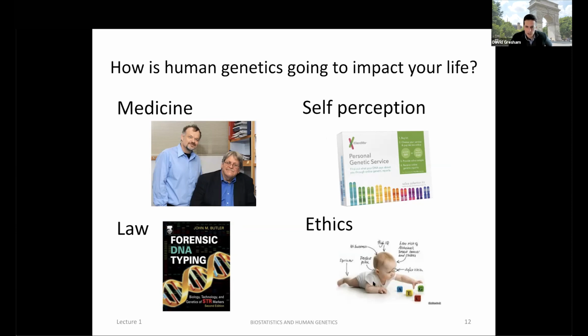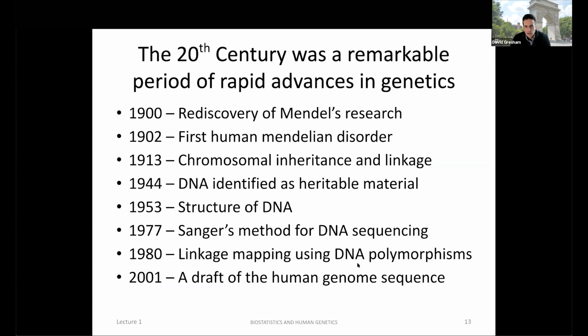And of course, human genetics and knowledge of the genome and potentially how to manipulate the genome raises all sorts of ethical questions that are new for our generation in many cases. This is happening in real time with the advent of CRISPR-Cas9 and the ability to modify genomes. There are reports that individuals have already begun to do this in certain parts of the world, and of course that raises lots of ethical questions. So human genetics touches on multiple aspects of our existence.